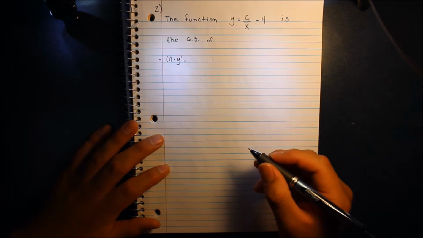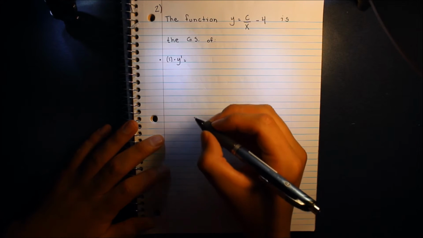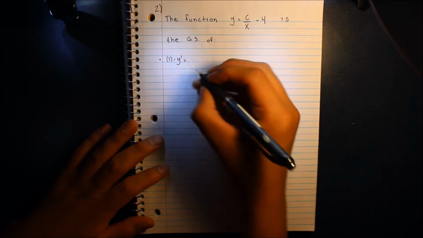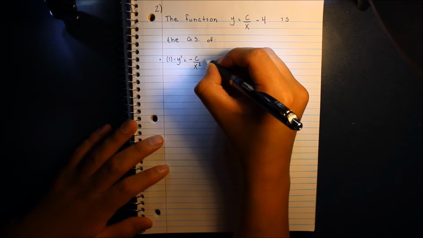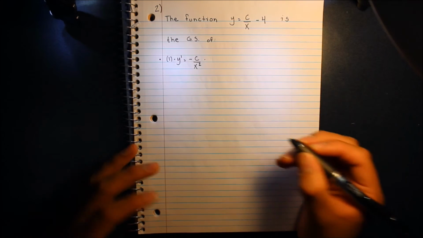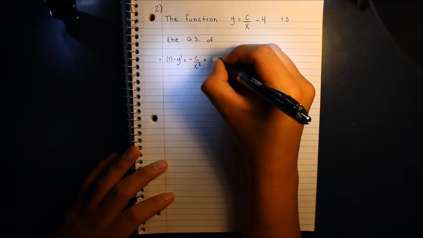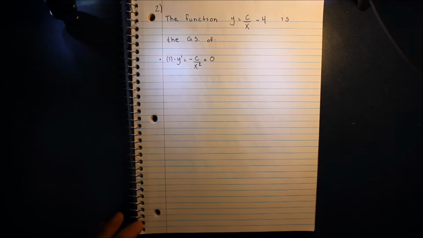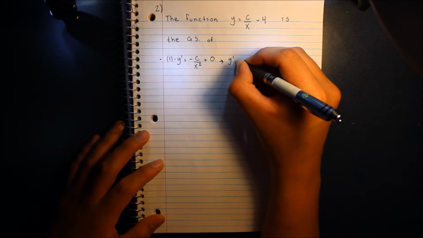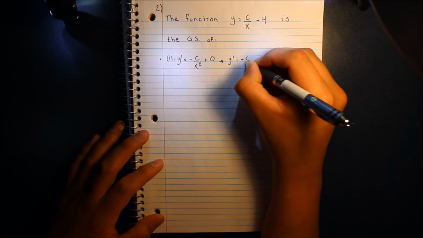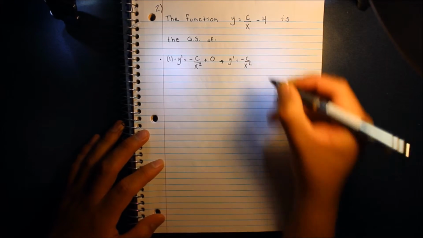And then on the right, we take the derivative with respect to x, and if you guys know that shortcut, you know that it's going to be negative c over x squared, and that's it, plus 0. Okay, then you simplify it. It just looks like y prime equals negative c over x squared.